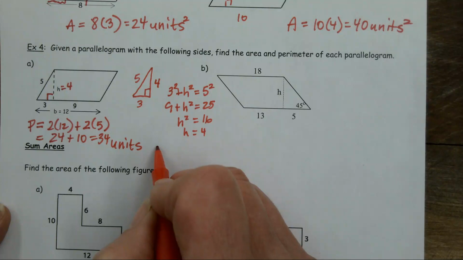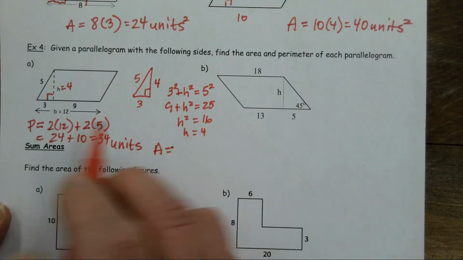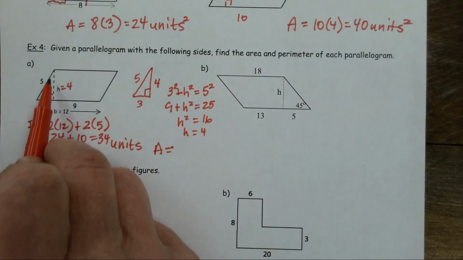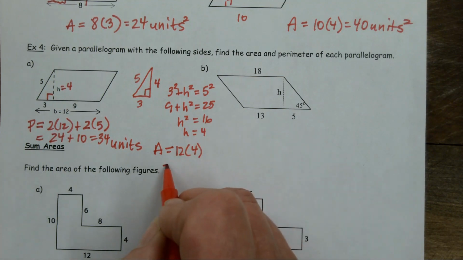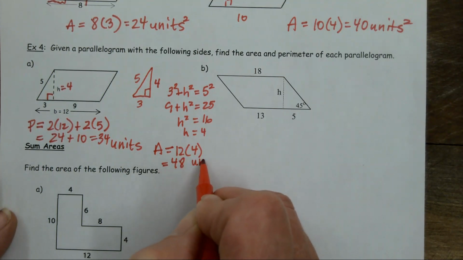And my area would be base times height, 12 times 4, or 48 units squared.